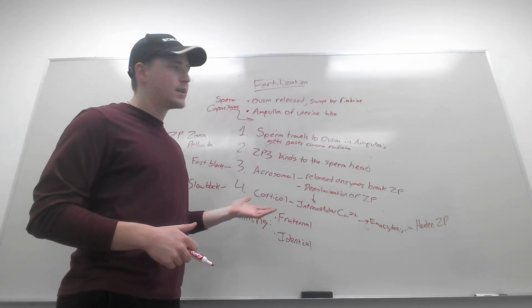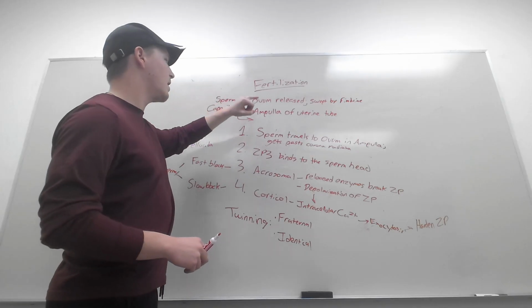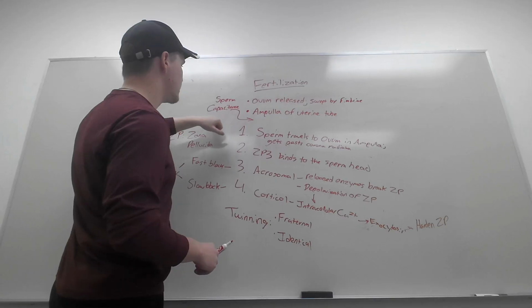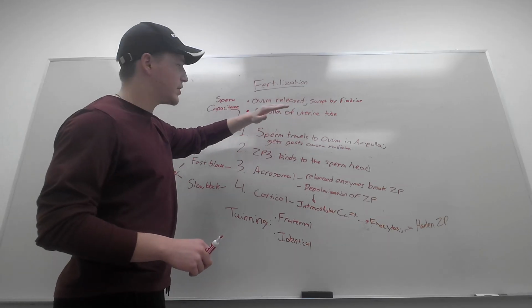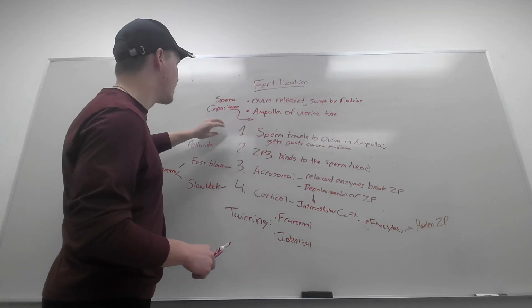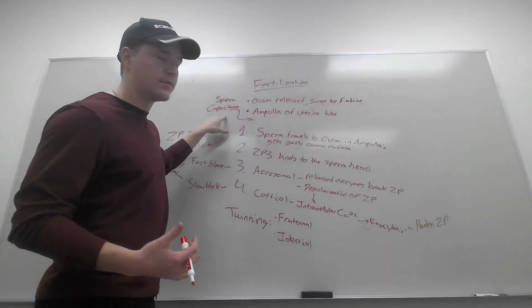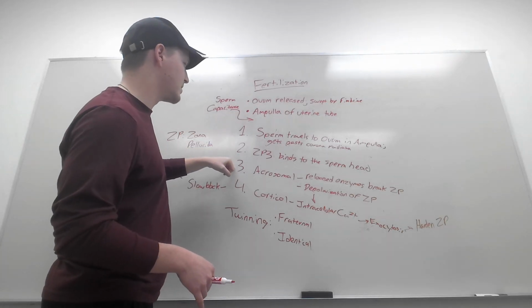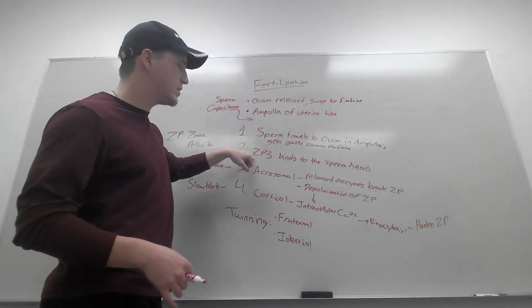So this is the process of fertilization. Remember, we start after ovulation, the ovum is swept up by the fimbriae, and goes into the isthmus and then to the ampulla of the uterine or fallopian tubes. That's where fertilization occurs. Sperm, after it goes through capacitation, allowing it to fertilize the ovum, gets past the corona radiata, then binds to the zona pellucida.